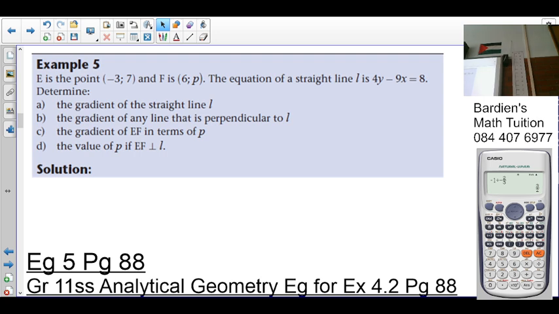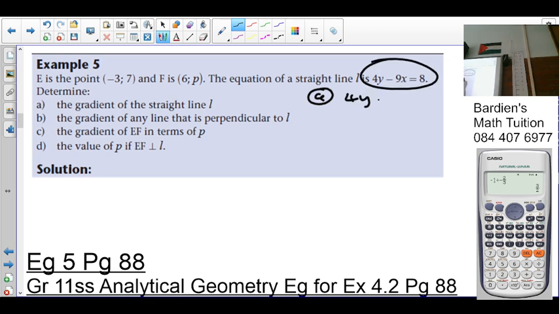If it's a point 6 and P. The equation of the line L is 4y minus 9x equal to 8. Determine the gradient of the straight line L. Right. How do we... So this is the equation of L. So it's 4y minus 9x equal to 8. How do we calculate the gradient of that line?